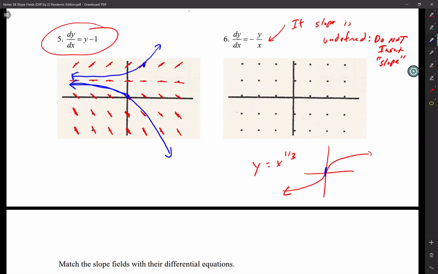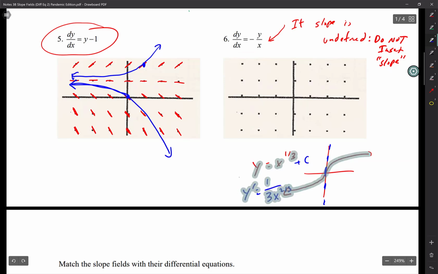So if you draw a slope field for y equals x to the 1/3 plus c, there would be a whole bunch of tangent slopes right on the x-axis, because there really are tangents there. But that's an exception, because dy/dx is 1/3 over x to the 2/3.